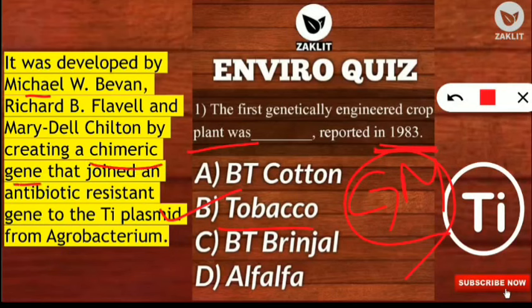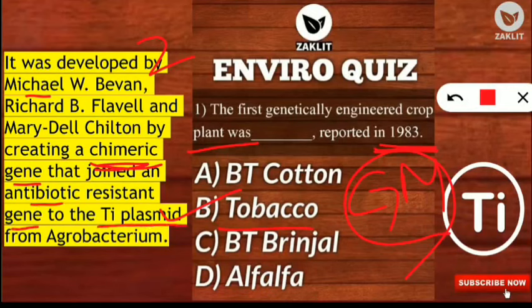So what is this chimeric gene? It is formed through the combination of portions of two or more coding sequences to produce new genes. So the combination of two or more coding sequences to produce new genes is called a chimeric gene. This was created for the GM tobacco crop, and that joined an antibiotic resistant gene to the Ti plasmid.